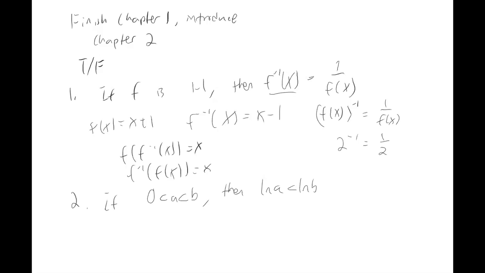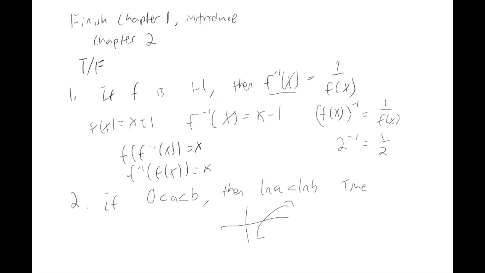Yeah, this is true. One way to see this is the graph of ln, it's increasing. Another way to see this is, you're asking e to the what power is a, and e to the what power is b. And if b is bigger than a, the power is going to be bigger. So yes, this is true.